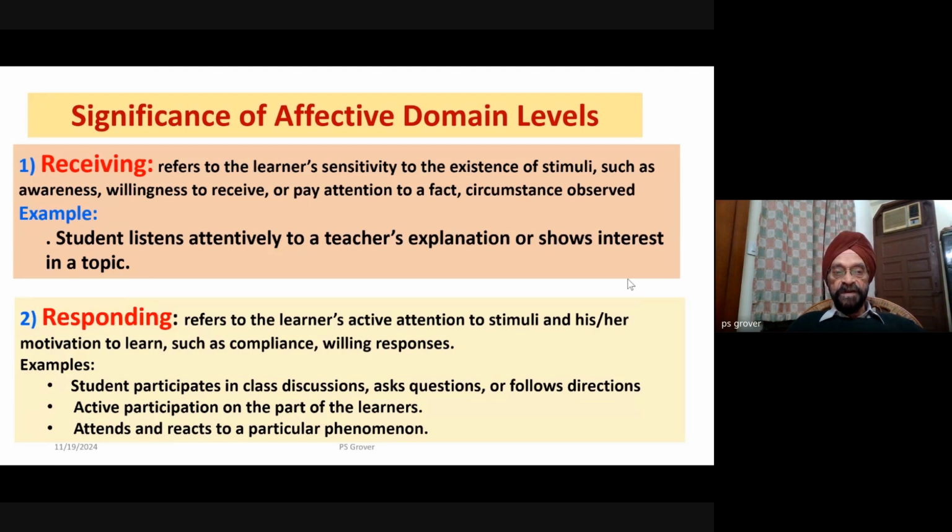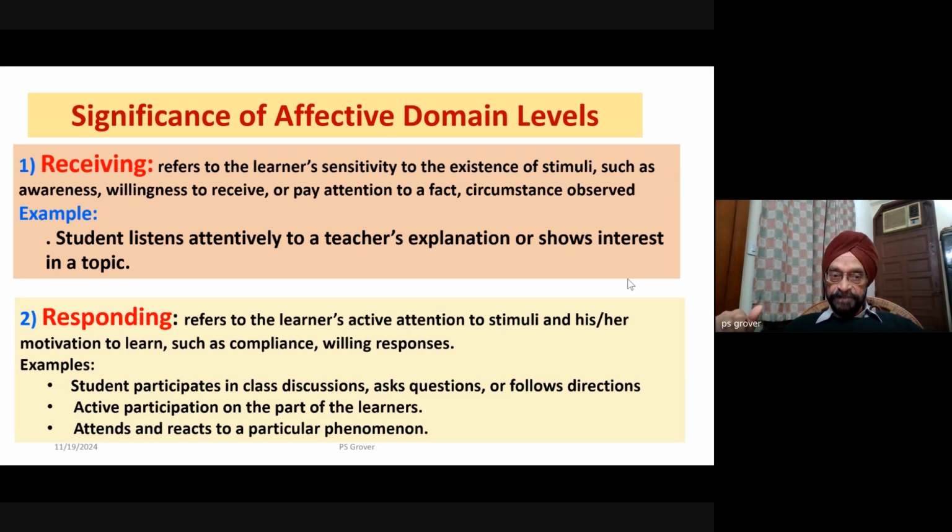When I say receiving, what does it mean? It refers to the learner's ability, how sensitive the student is to the teacher's word. It refers to the learner's sensitivity to the existence of stimuli. Stimuli means something said, something heard, and then responded to.